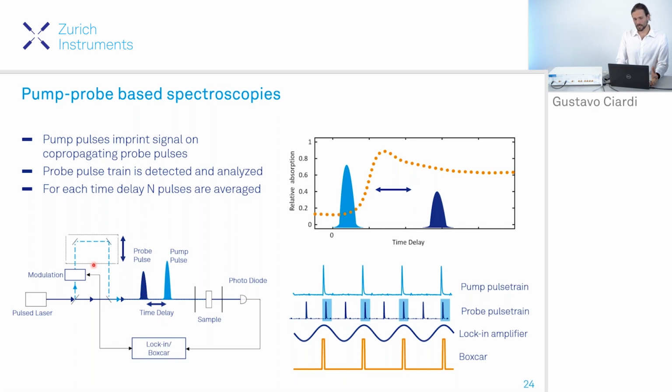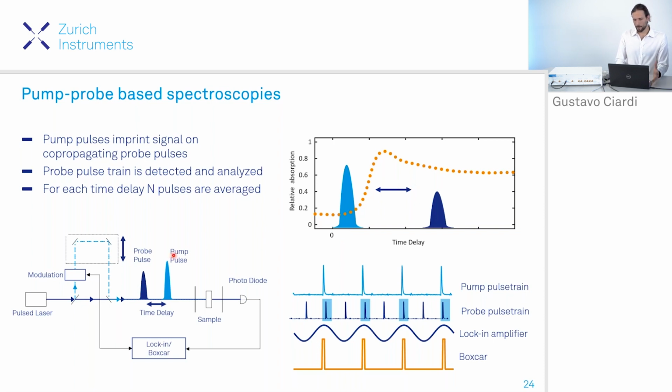The pump pulse is modulated at some frequency, so that what is measured is the relative absorption of the probe when the pump is present and when the pump is not present. By then varying the delay between the two pulses with the delay line, one can fully recover the dynamic signal of the photo-induced chemical processes.